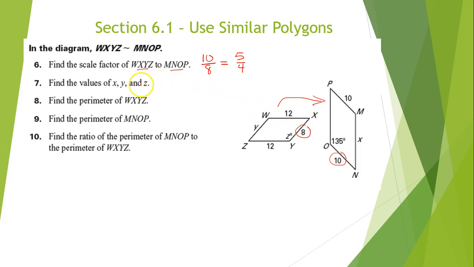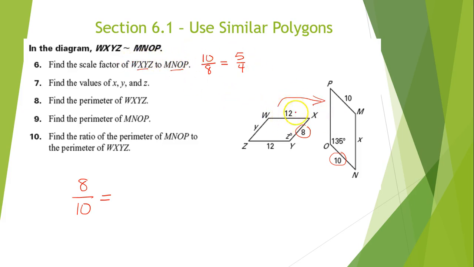So on find values of x, y, and z, let's do that down here. Let's do the ratio of the corresponding sides. We know 8 corresponds to that side that's 10. 8 over 10, those two sides correspond. And that should be equal to, if these two polygons are similar, let's see, MN, okay, WX.